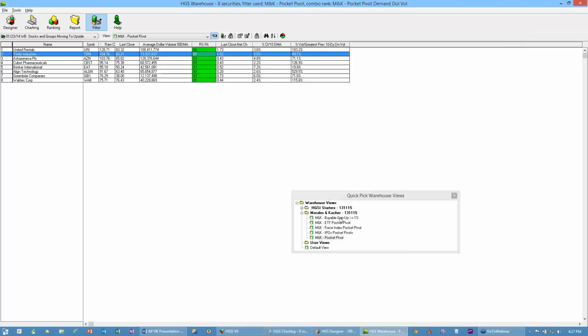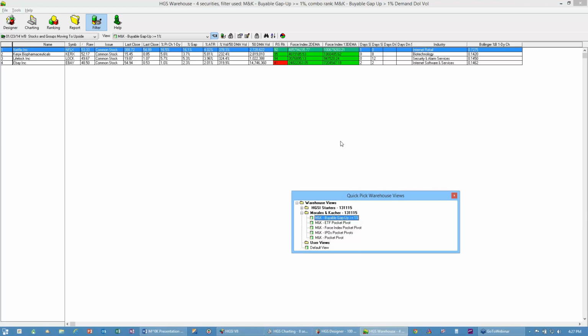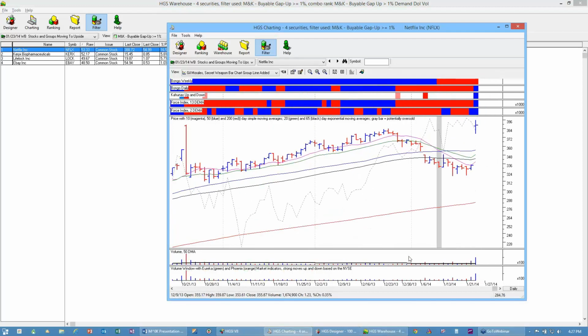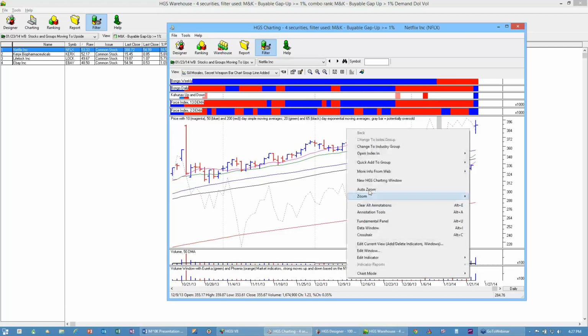Okay, now let's look at a few more views here. So let's say I'm interested in the buyable gaps up yesterday. I know the stocks and groups are moving to the upside. If I click on the M&K buyable gap up, I know out of these 100 stocks that 4 of them had a buyable gap up. Netflix was the most obvious one, and I'm going to zoom in. This is, by the way, why I took the auto zoom off.